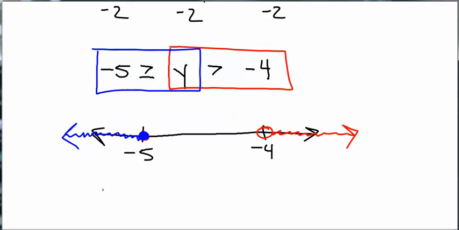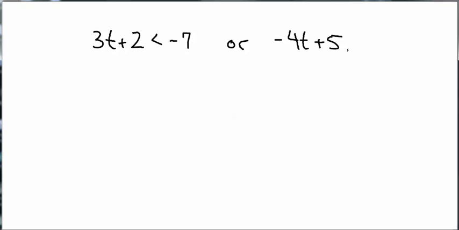Alright, the other type of inequality you're going to see today is like problem 4 on 219, where it says 3t plus 2 is less than negative 7, or negative 4t plus 5 less than 1.